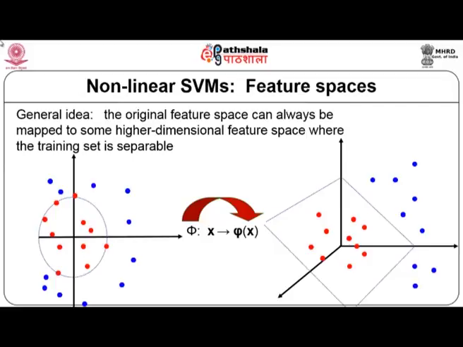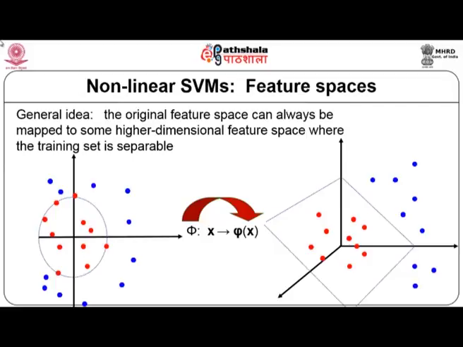The original feature space can always be mapped to some higher dimensional space where the training set is linearly separable. In the example given here, you have a 2-dimensional data set which is not linearly separable. The circle there is the separation margin. It is not linear; it is in the form of a circle.